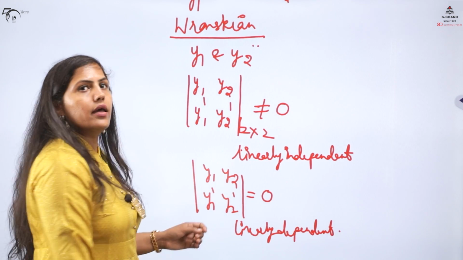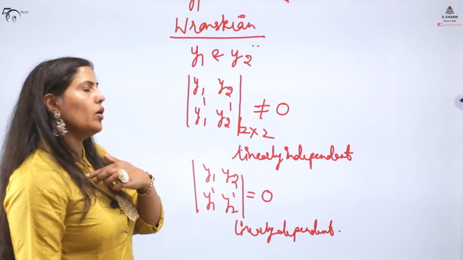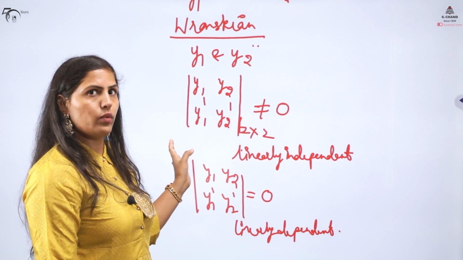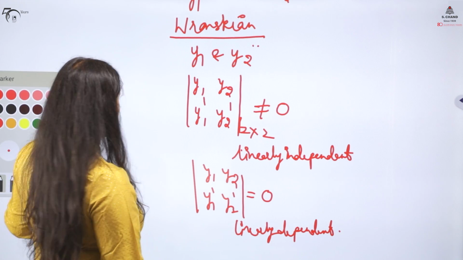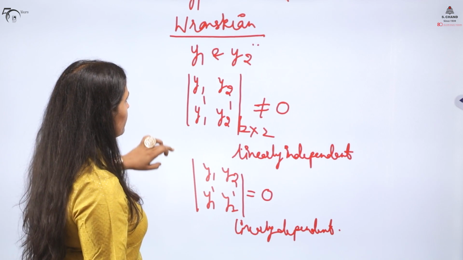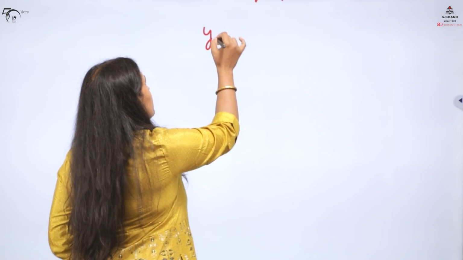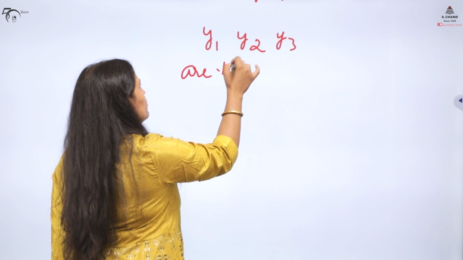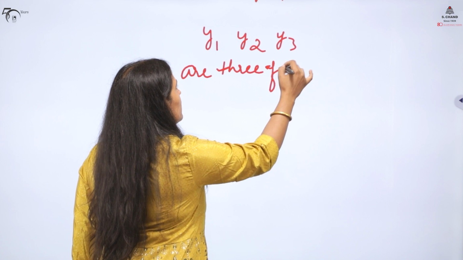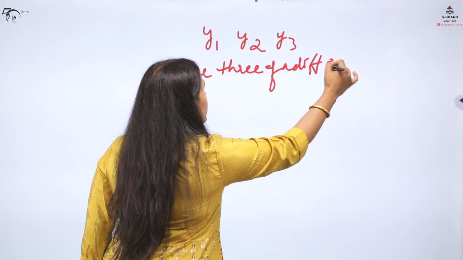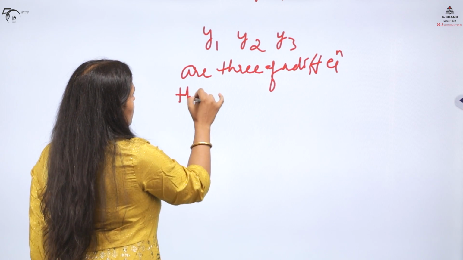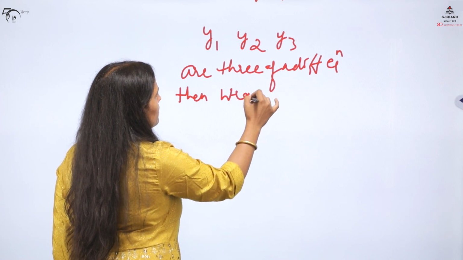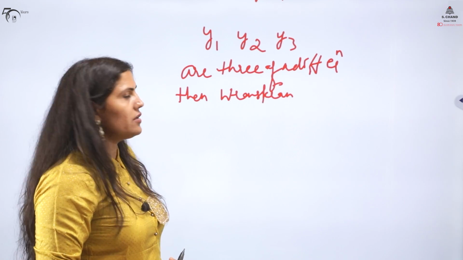Now what if there are 3 solutions, because if the order is 3, you will get 3 solutions. In that case, how will you write the Wronskian? Suppose y1, y2, y3 are 3 solutions of our differential equation. The Wronskian determinant is easy to calculate.